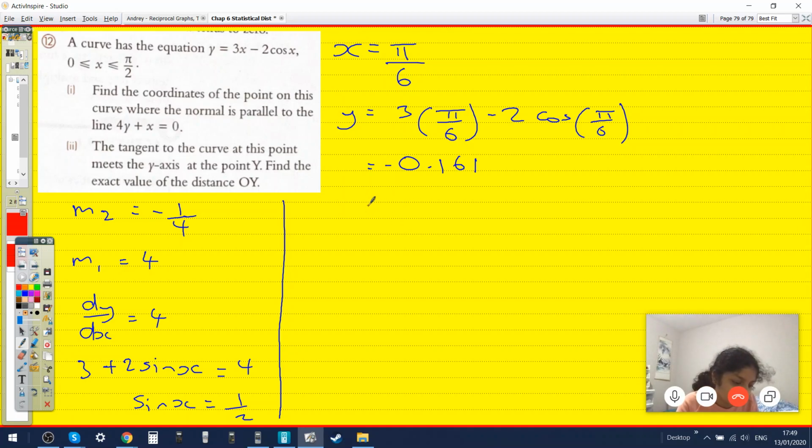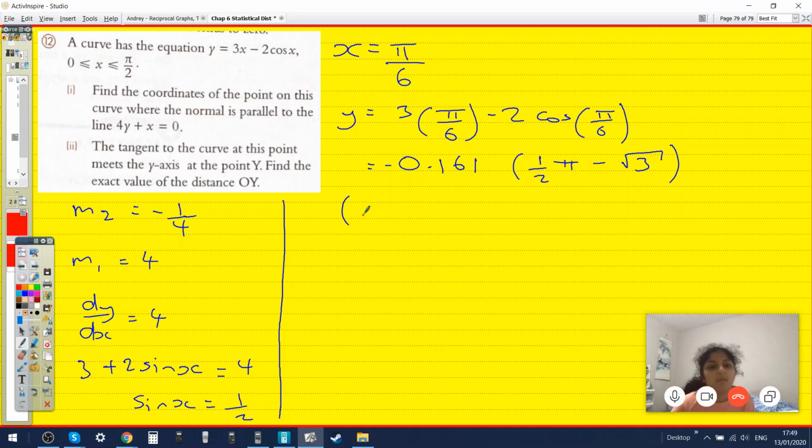Or we could always leave it as, what is cos pi over 6? Root 3 over 2. Root 3 over 2 times 2 is root 3. And so an exact answer would be a half pi minus root 3. And those are our coordinates.